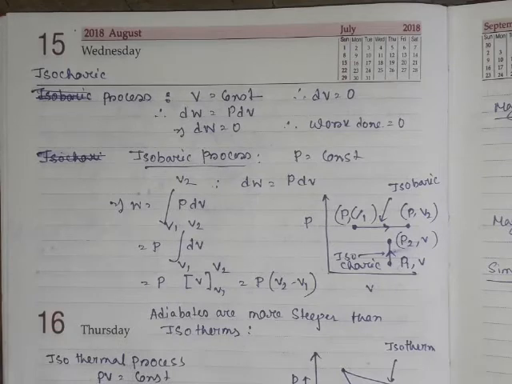One thing I forgot to mention: during the adiabatic process, work is done at the expense of internal energy. That means the internal energy of the system must change. You also know that the internal energy is directly related to the temperature of the system.